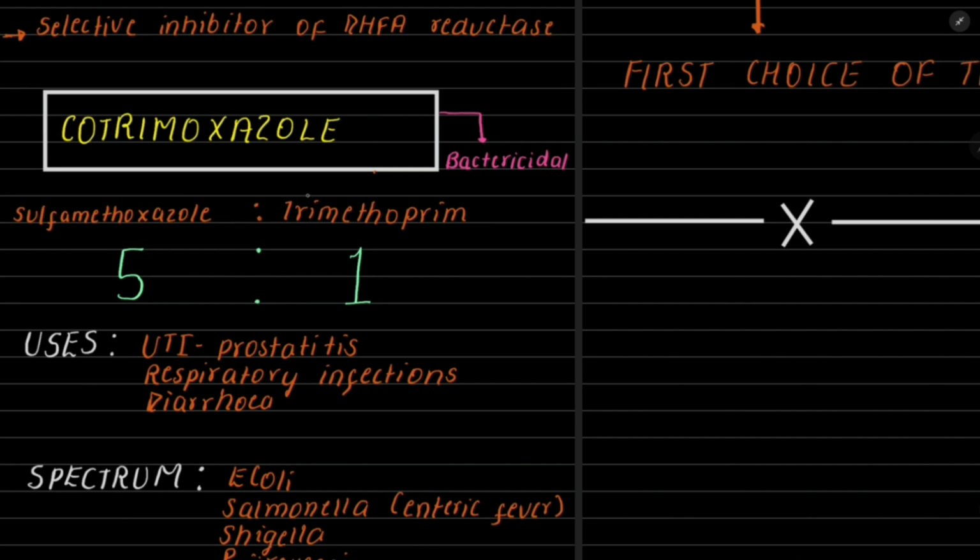This is a fixed dose combination of sulfamethoxazole and trimethoprim in a ratio of 5:1. Now, a fixed dose combination is a drug which is made by the combination of two or more drugs to effectively combat the organisms. This is bactericidal in nature and therefore more effective than giving sulfonamides alone.